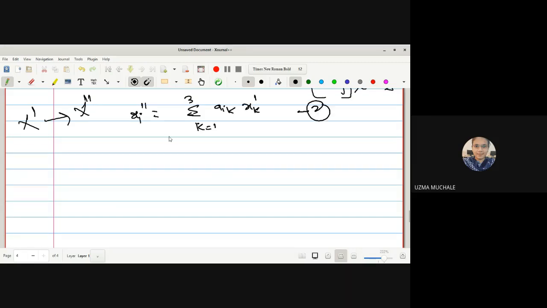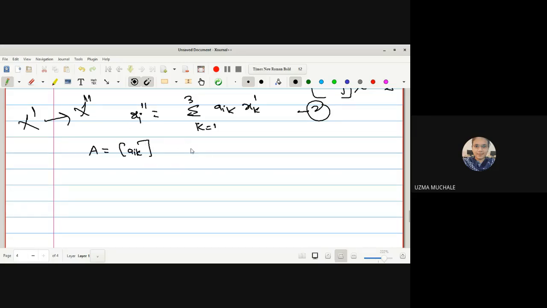So this is our equation 2, where A is nothing but the transformation matrix from x dash to x double dash. These are the two transformations, from x to x dash and then x dash to x double dash.